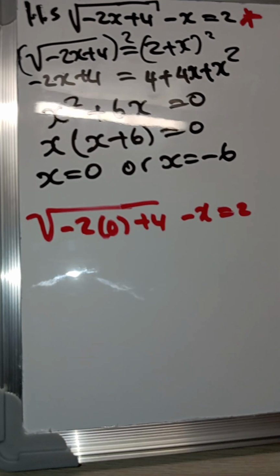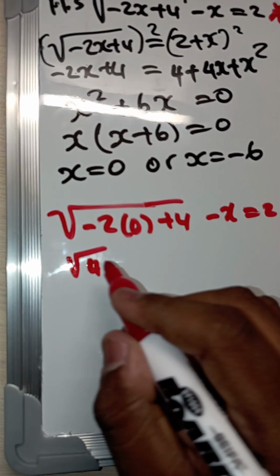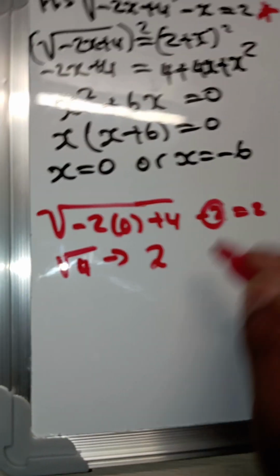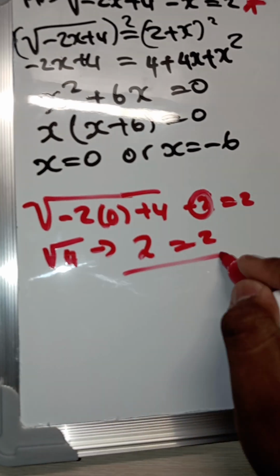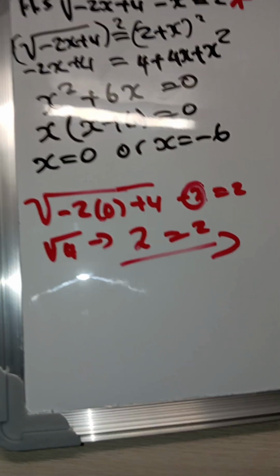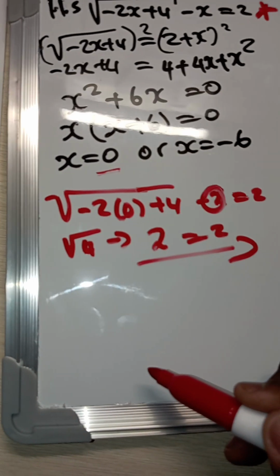Now, what is negative 2 times 0? It is just 0. Now I just have the square root of 4, which is just 2. Here I just have 0. Then 2 equals 2. Can you see that now 0 is a valid answer there? You just put the x value wherever there is x in the original equation.